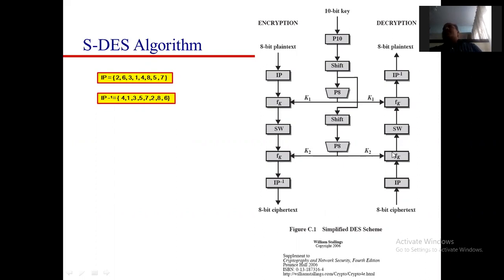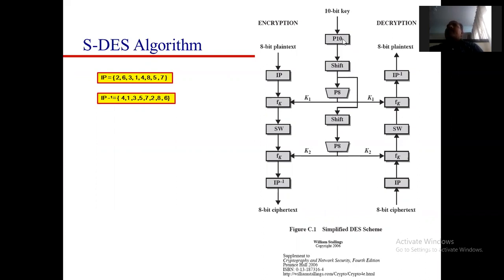And how do we generate the 8-bit key from the 10-bit key? Here we have some notations, so note them down. First is P10, the 10-bit key permutation. After that we use the shift operation from left to right, and after that we select only 8 values.